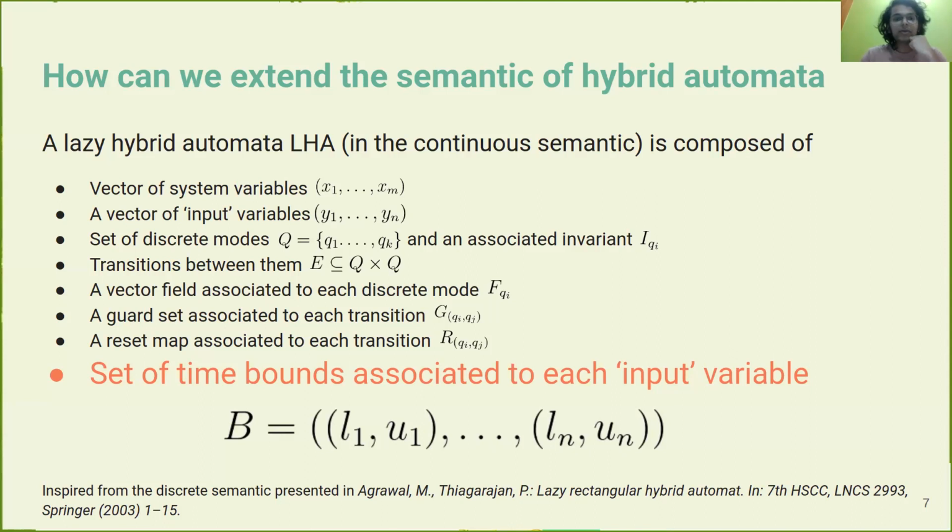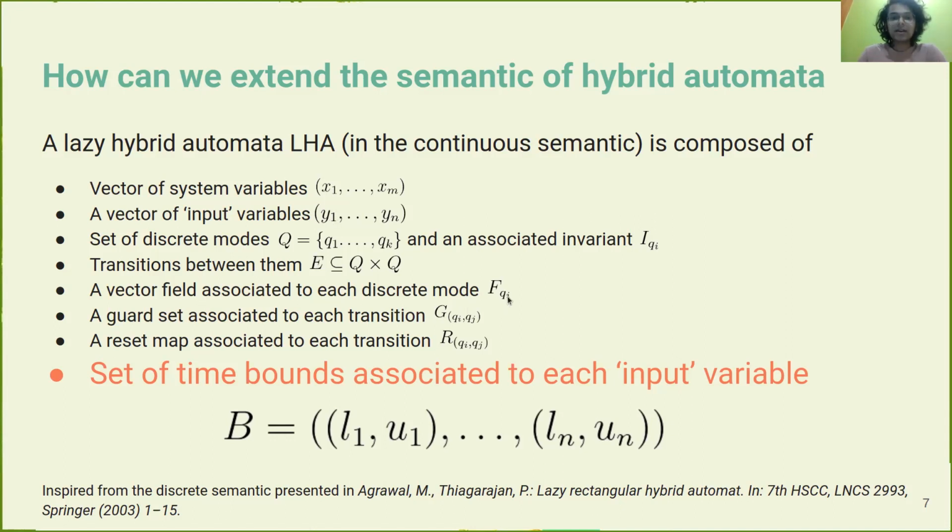Here, we extended the definition or the semantic of the hybrid automaton, and in addition to what we had before in a hybrid automaton, we introduced a set of input variables. Now, these input variables are simply variables which don't evolve, or their dynamics is not described in our system.